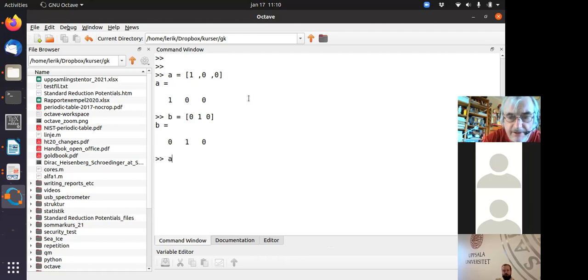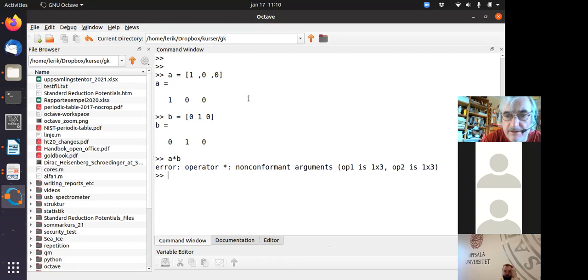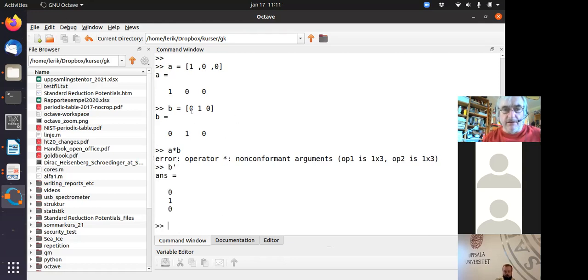So what happens if we do calculations with these two? That is not defined. It says operator 1 is 1 by 3 and operator 2 is 1 by 3, and with two row vectors it is actually not a defined operation. But if we change the row vector to a column vector with this little single apostrophe, then we see if we can.